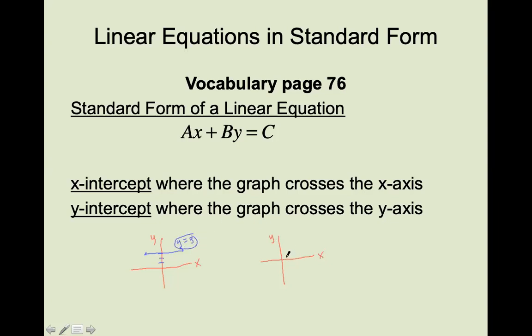If I have a vertical line, let's make it go through 4 here. If I have a vertical line, and mine doesn't look very vertical because I'm kind of sideways here, that is going to start with just x equals, and in this case, it would be x equals 4. So anytime you see just y equals a number, it's a horizontal line. If you see x just equals a number, that's a vertical line.